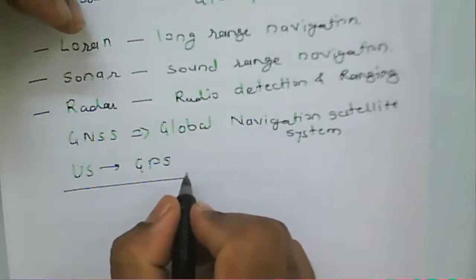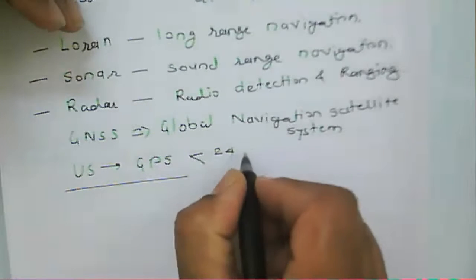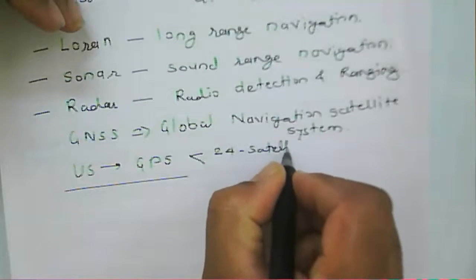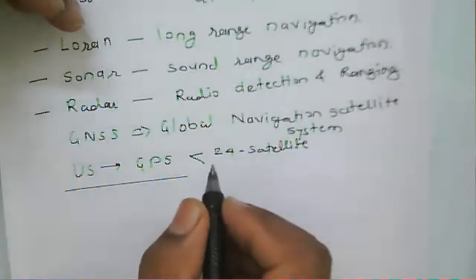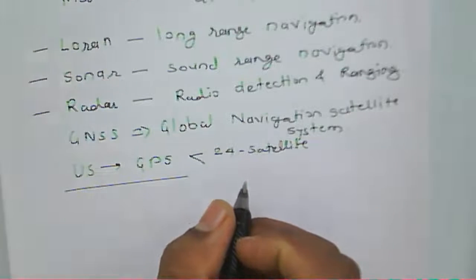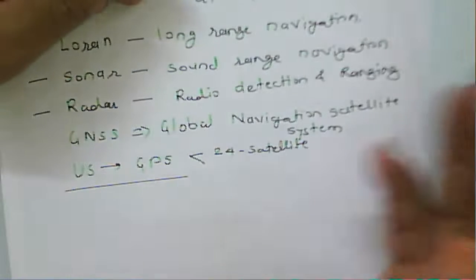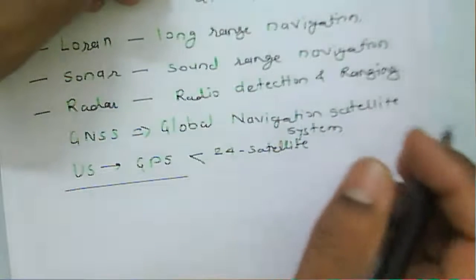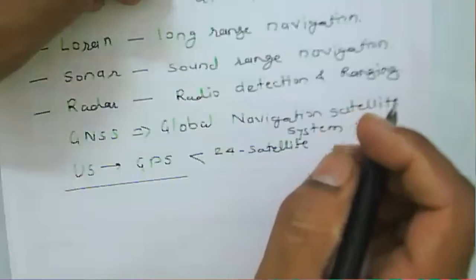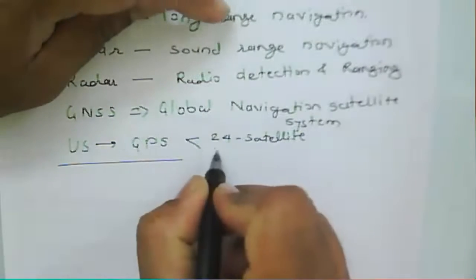In that GPS system they have 24 satellites operating to find out the position of an object. Similarly, other countries have GLONASS, okay, so various countries have their own navigation system. And India, we are using the GPS navigation system.